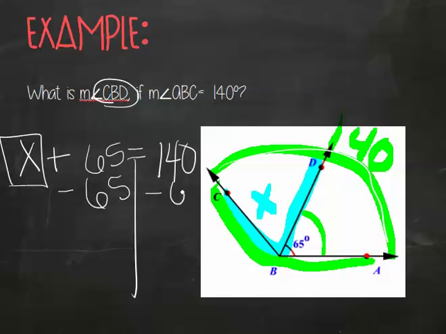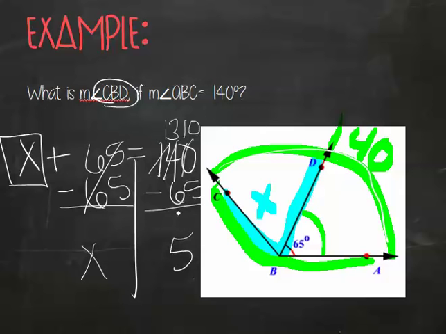Subtract 65 from both sides because we do the opposite. Okay, so 140 minus 65, you have to borrow from the 0, make that 10. That changes to 3. 6 can't go from 3, so you borrow from the 1, make that 13. So then we have 10 minus 5, which is 5, 13 minus 6, which is 7, and don't forget degrees. Alright, moving on.